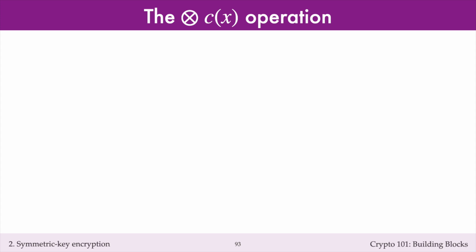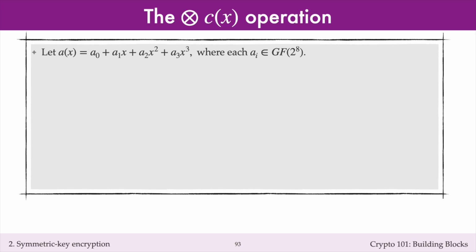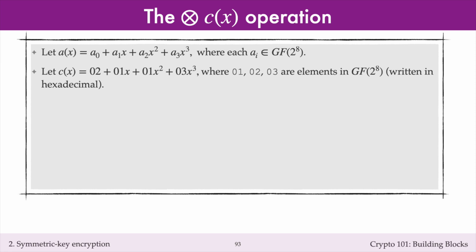Here is the multiplication by c(x) operation in a bit more detail. I'll let a(x) be this polynomial in x of degree at most 3, where the coefficients of the polynomial are the 4 bytes in a column of the state, interpreted as elements in GF(2^8). Let c(x) be the polynomial 02 + 01x + 01x^2 + 03x^3, where 01, 02, and 03 are elements in GF(2^8), written as hexadecimal strings.